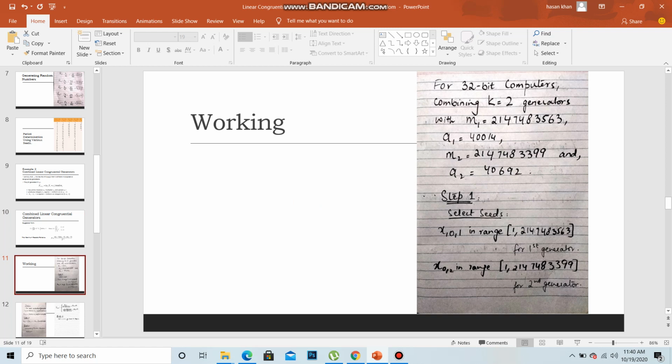This value is of m1, so we need to select the seed value from this range. Any random value you can select. For X0,2 in the range 1 to 2147483398, this is the value of m2, and we need to select the seed from this range of 1 to m2 minus 1. So this will be for the second generator.